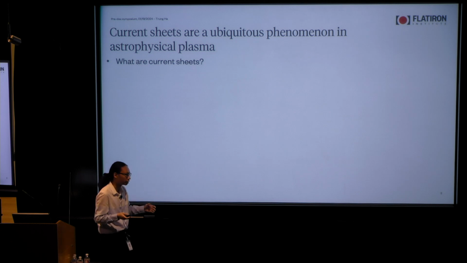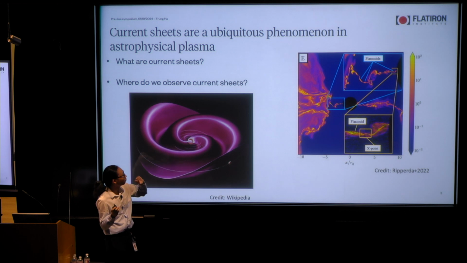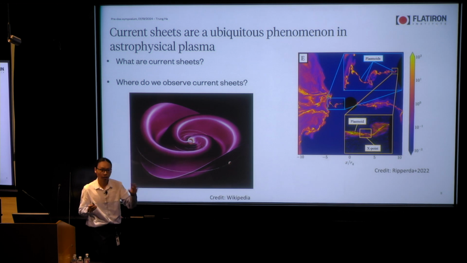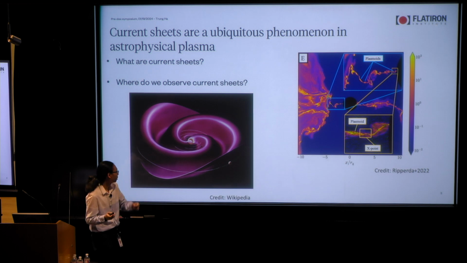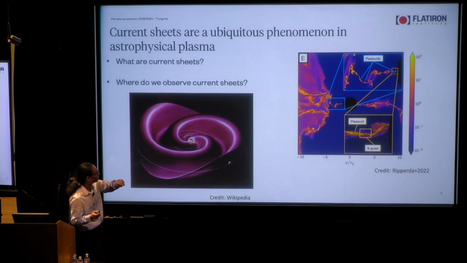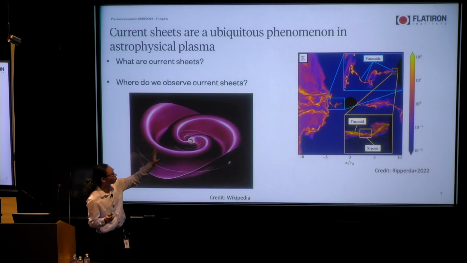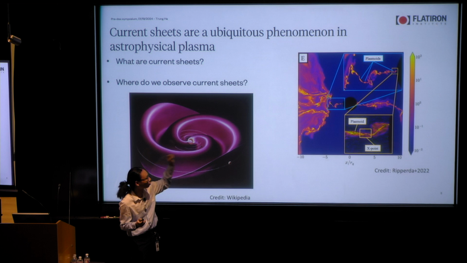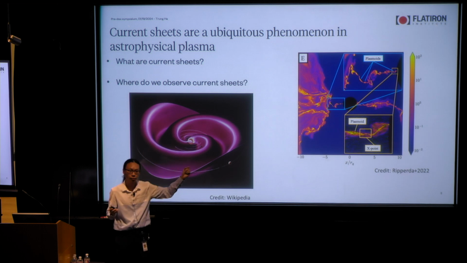This can be found, say, at the dissipation scale of MHD turbulence. And so we find these current sheets in a variety of locations in nature, anywhere from the heliosphere of the solar system all the way down to the accretion flows onto black holes.